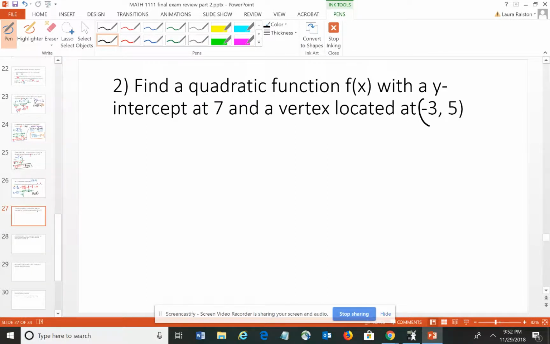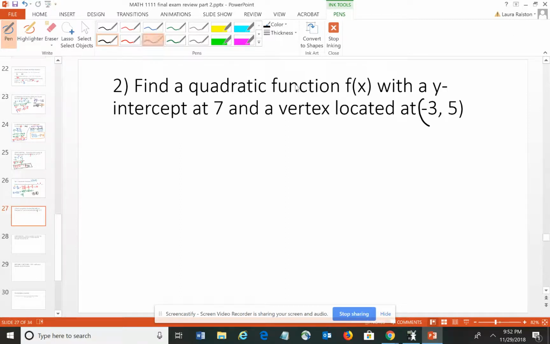Okay, so continuing with the review for the college algebra exam, we're under quadratic functions, and the second question says to find a quadratic function f of x with a y-intercept at 7 and a vertex located at -3, 5.